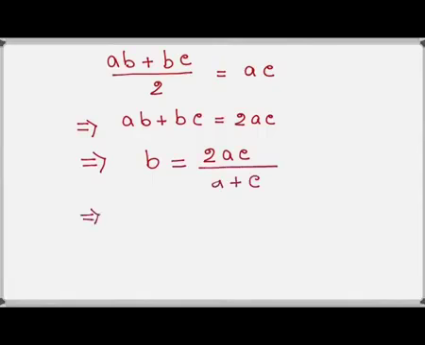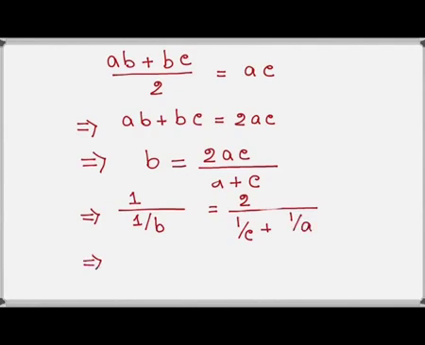We can write it as 1 by b is equal to 2 by 1 by c plus 1 by a. That is, 1 by a plus 1 by c is equal to 2 by b.